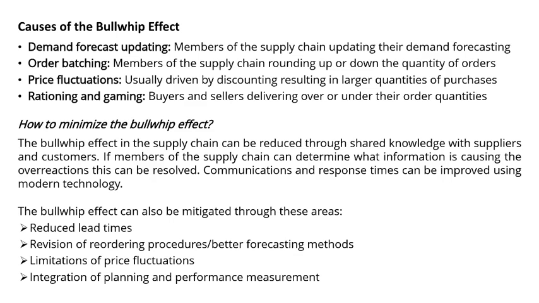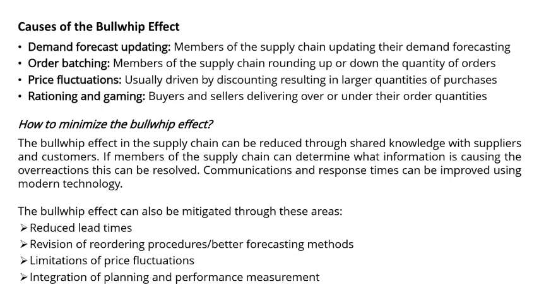Price fluctuation. This will also drive the customers' decision making when buying quantities. Either they should reduce or increase, usually driven by discounting, resulting in larger quantities of the purchase. Rationing and gaming. Here, buyers and sellers are either under delivering or over delivering their order quantities.